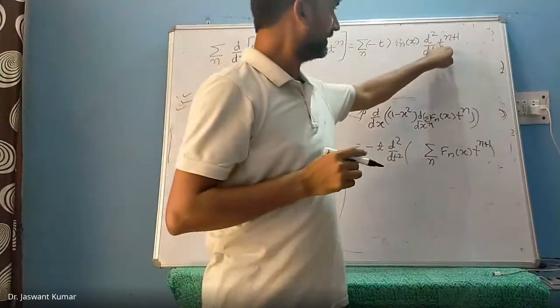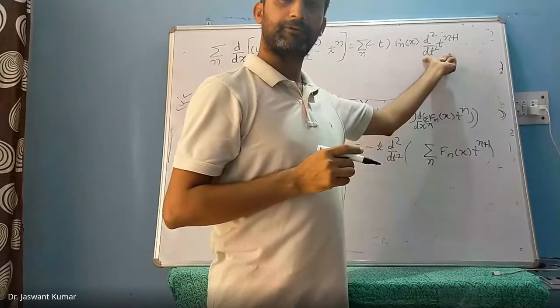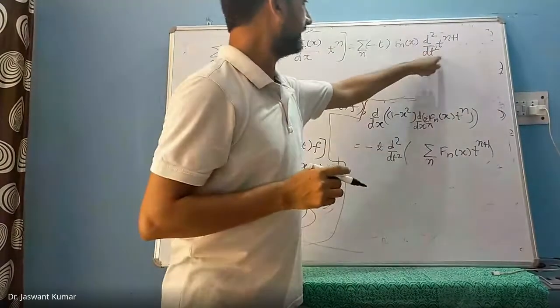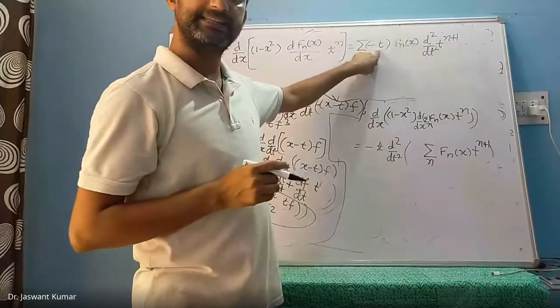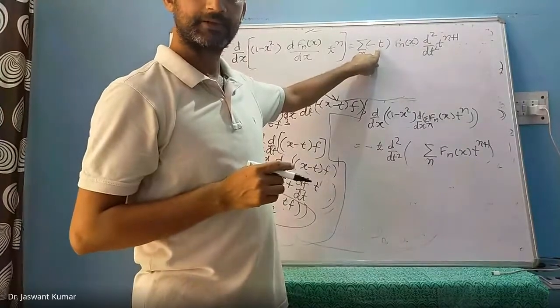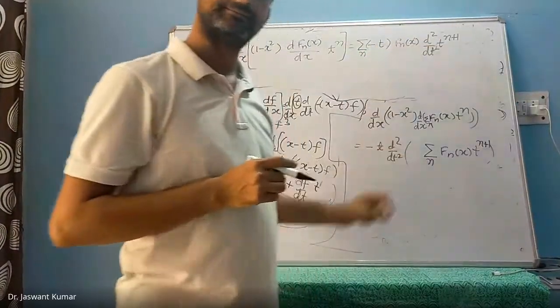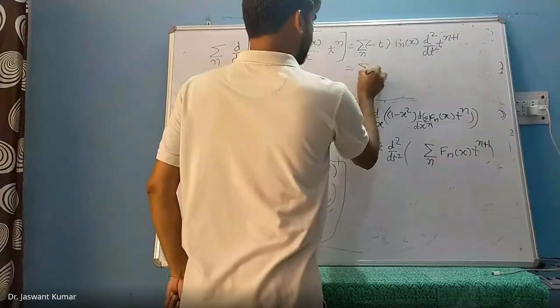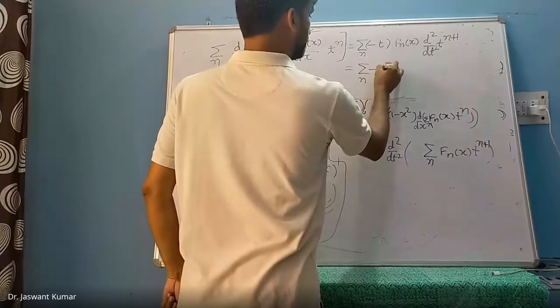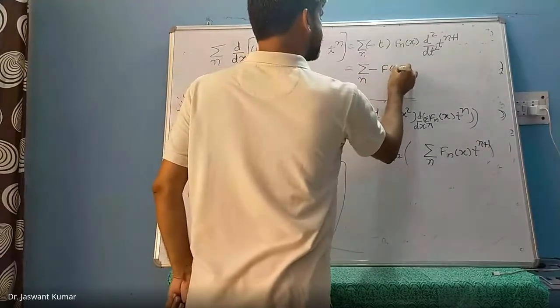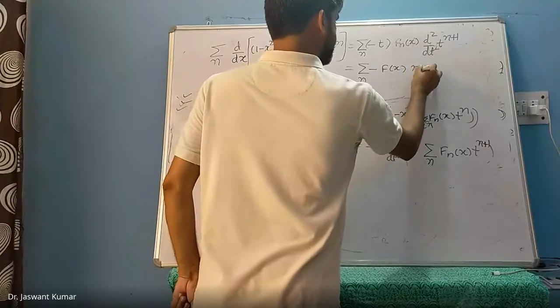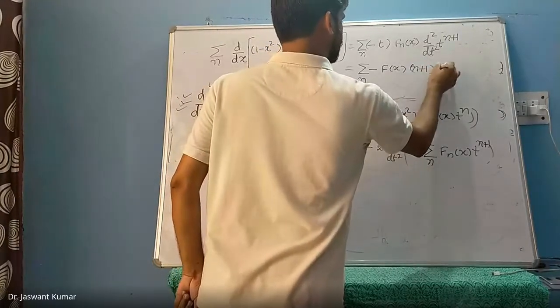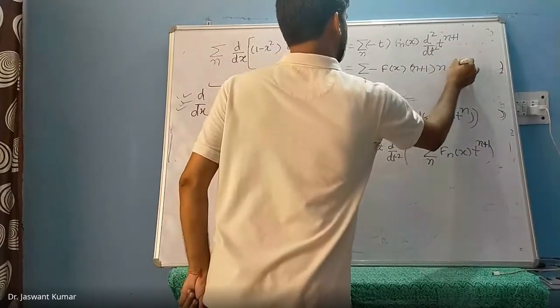So there will be a t to the power n minus 1 coming from here. The t to the power n minus 1 can now combine with this t to give you a t to the power n. So this will be summation over n of minus f_n(x) times (n plus 1) times n times t to the power n.